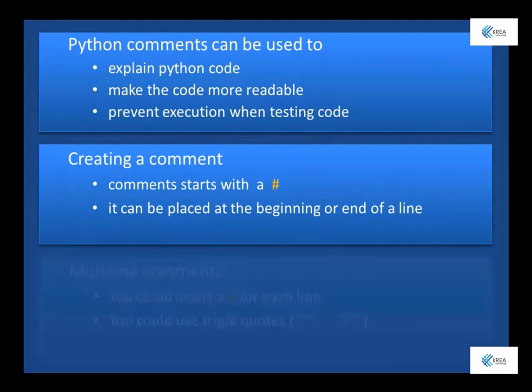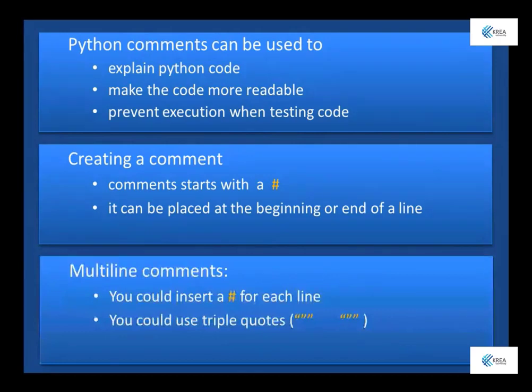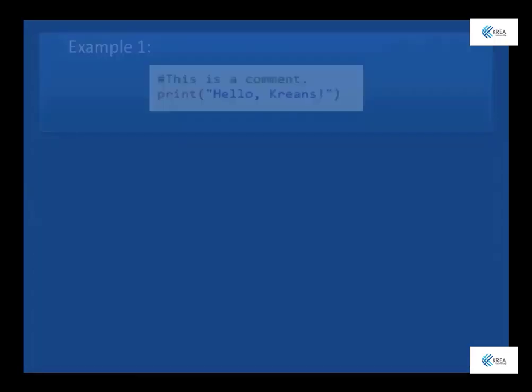Suppose you wish to write multi-line comments, then one way is that you could insert a hash symbol for each new line. The second way is to insert multiple line comments between triple quotes.